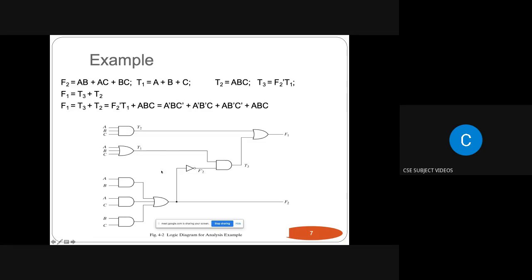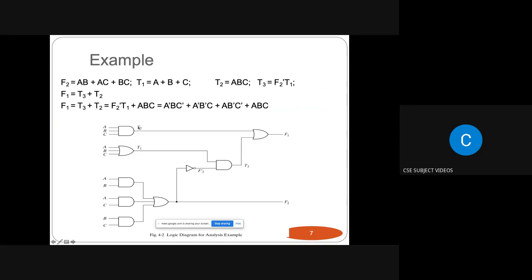So this is an example circuit diagram we are going to consider. We have to apply the analysis procedure for this circuit diagram. We have to find out the output Boolean function and the truth table for this circuit diagram. That is the analysis procedure. Here, the circuit diagram consists of the logic gates AND gate, OR gate, NOT gate, and takes the inputs A, B, C and gives the outputs F1 and F2.